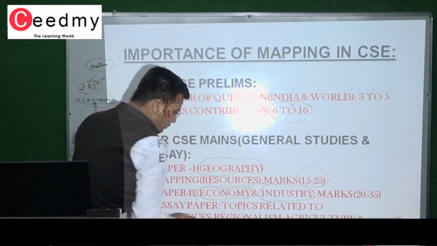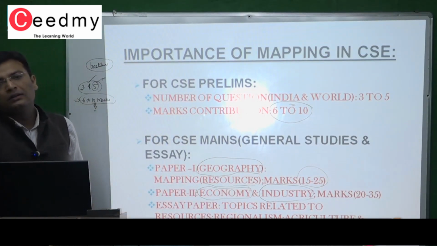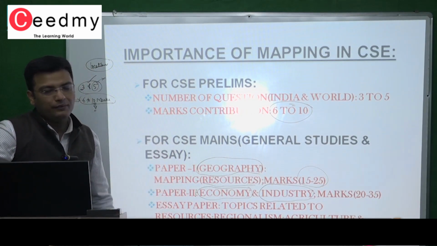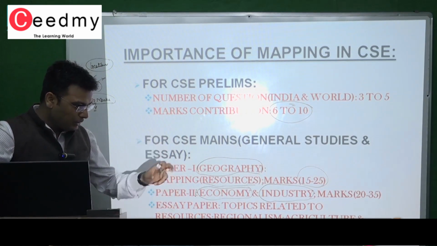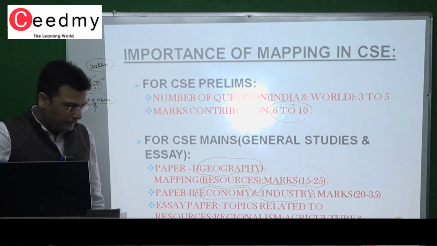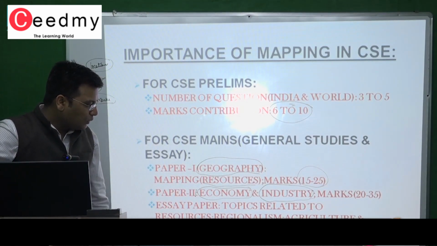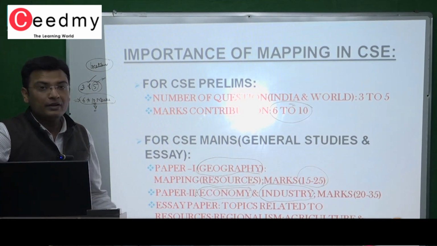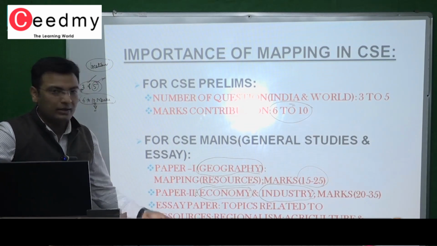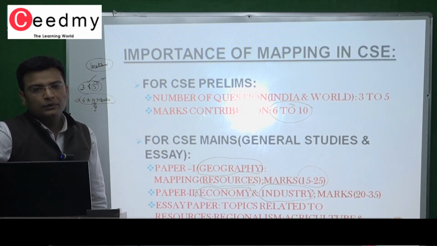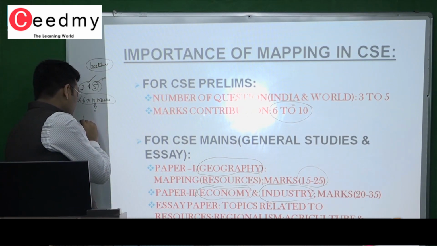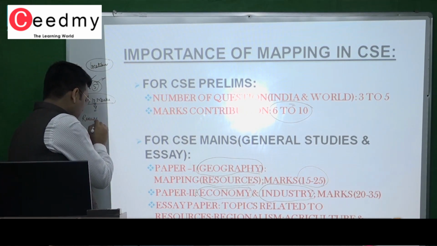So if you know the resources and the infrastructure available in any particular region of India and the world, you can answer well. For example, if they ask a question on the backwardness of mineral rich states like Chhattisgarh, Jharkhand and Odisha, you can easily give the answer, because first you know the resources available there, they are resource rich.